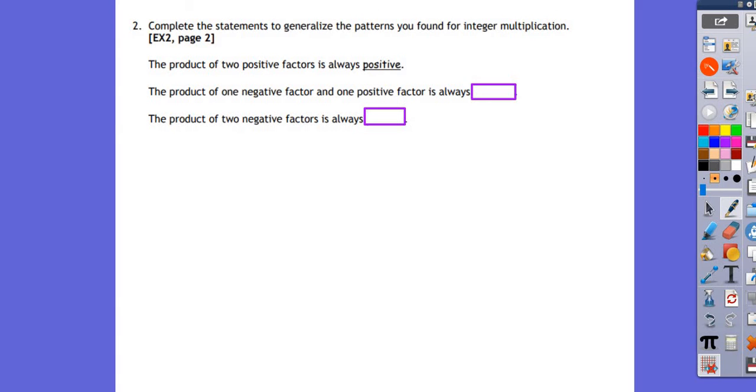The second statement says the product of one negative factor and one positive factor is always what? Negative. And the last statement says the product of two negative factors is always positive. Very good.